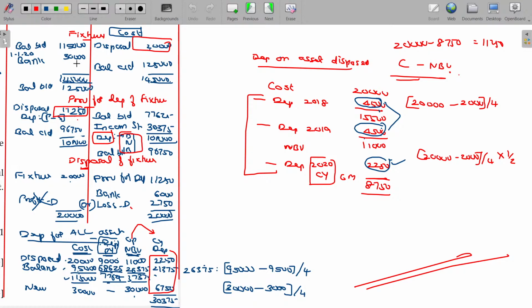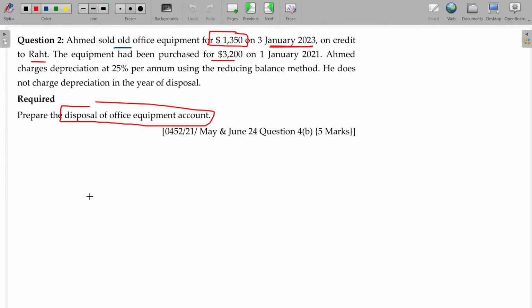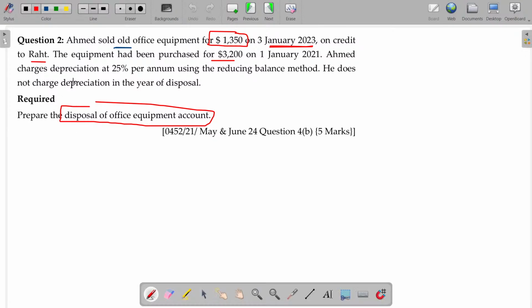Here I am going to prepare only this disposal. The original value of the asset is transferred from the asset to this place, and accumulated depreciation is also transferred from the provision for depreciation account. The amount recovered on sale will be posted here, and tally this to find out the profit or loss. That's a very simple illustration. Let's see. I am going to solve this illustration now.